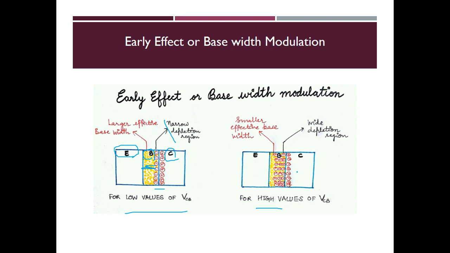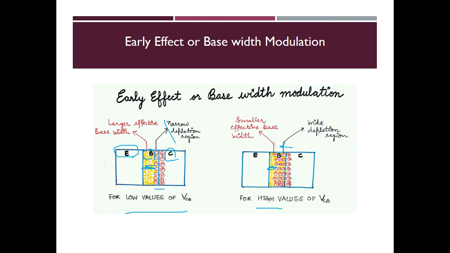We have told that the input junction is forward biased and the output junction is reverse biased. Then obviously the depletion region will be penetrating much deeper inside the base region, thereby the effective base width is reduced. Can you see over here?